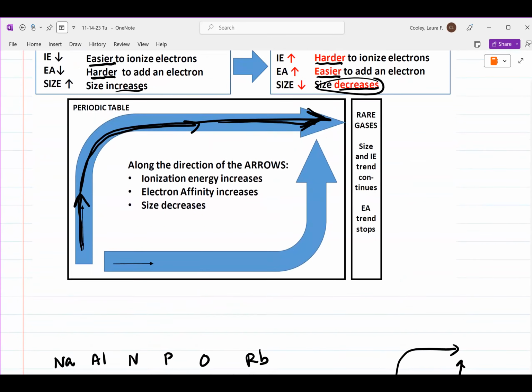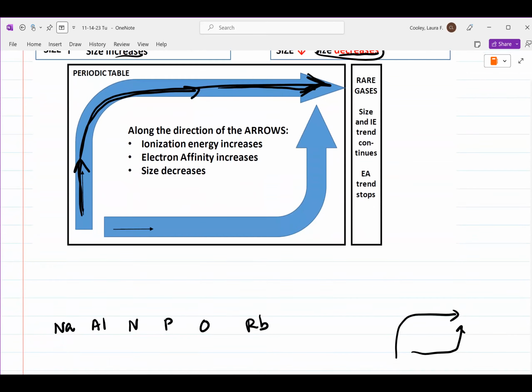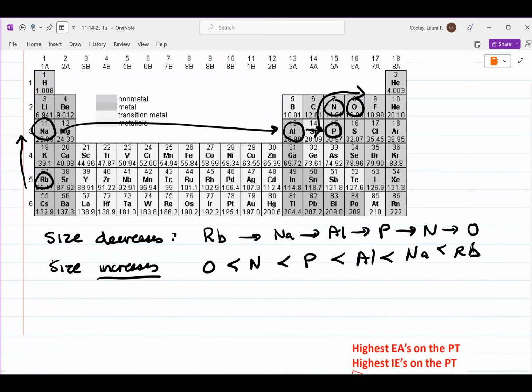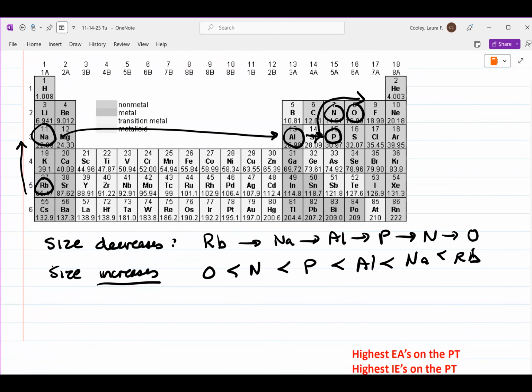So you could use this method with any of these trends, as long as you know that if you go up and across, the trend stays the same. And you have to look at which way it is changing. So if you go across and then up, it's still decreasing. Say I didn't give you rubidium, I started with sodium, you would just go across.